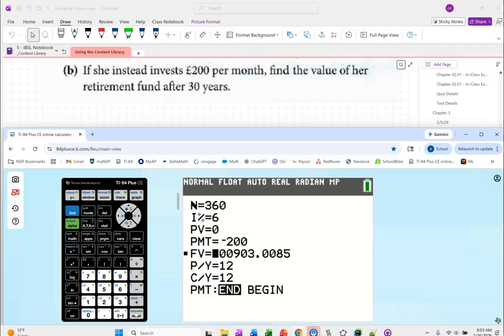No, it was 12 times 30. But we increased the money to 200. Cap N is the number of compounds. It has nothing to do with the amount of money. So it's 12 months for 30 years, so it's still 12 times 30. Doesn't matter how much you're saving. Oh, never mind. Right? The Cap N is about the time.